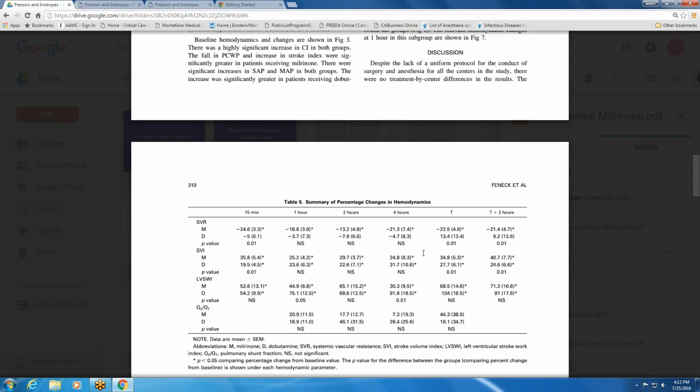Just height actually, but right, just height. Body surface area. Thank you. Sorry, body surface area. But I think we just do that based on height. Anyhow, yeah.